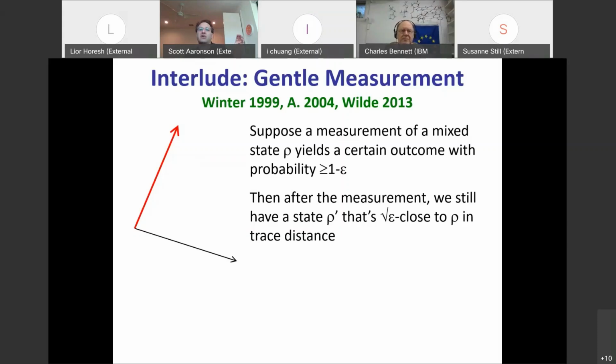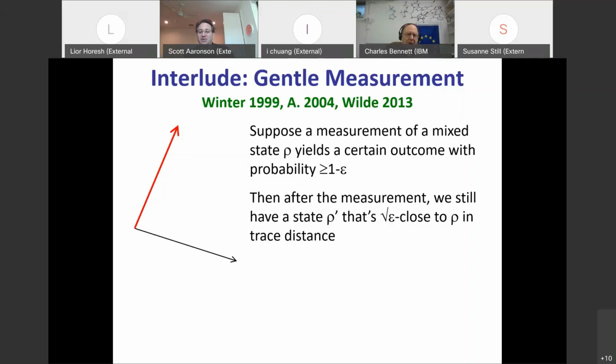Like this measurement accepts rho with probability at least 1 minus epsilon. Then it turns out that such a measurement on such a state does not damage the state by very much. After the measurement, we can recover a state, call it rho prime, that is close to our original state rho. Its trace distance, which is our usual distance metric on quantum states, from rho is at most the square root of epsilon.